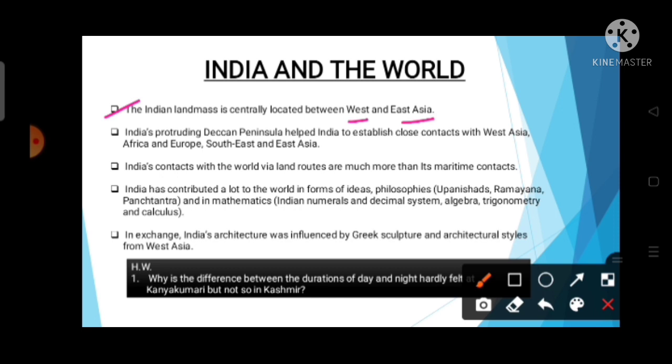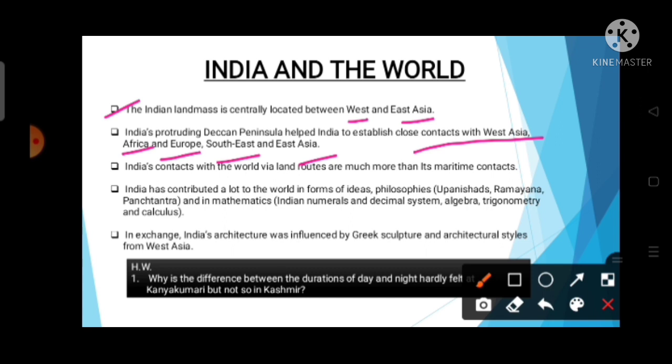So we know that India is located in the Asia continent and it is centrally located between West and East Asia. India's protruding Deccan Peninsula helped India to establish close contacts with West Asia, Africa and Europe, Southeast and East Asia.